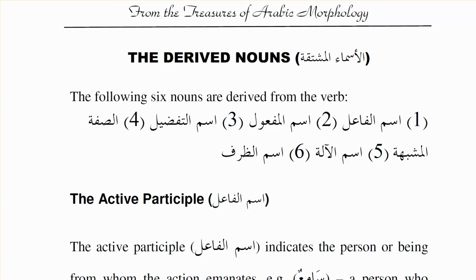In the beginning of Sarf a few weeks ago, we learned that there are different types of words or nouns. One of those types of nouns is called mushtaq, those nouns that are derived from the 3-letter roots. So the beautiful thing is that once you learn a certain 3-letter word, you will be able to formulate any one of these 6 types of derived nouns very easily.